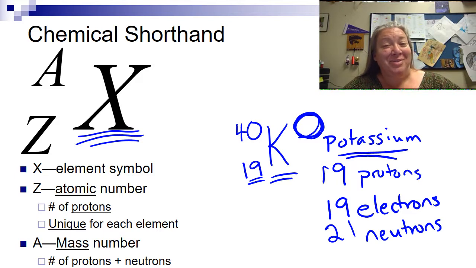It can be found on the periodic table if I don't give it to you. The electrons equal the protons as long as it's neutral. And your neutrons is your mass number minus your atomic number. And the neutrons can change depending on what isotope, which we'll define in the next slide, or specific type of atom that you have.